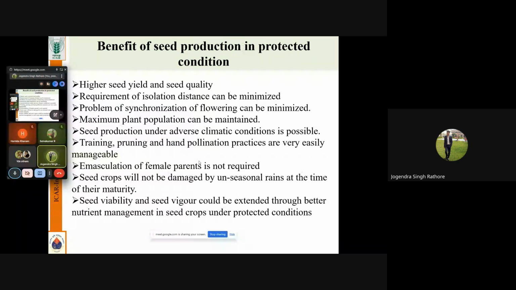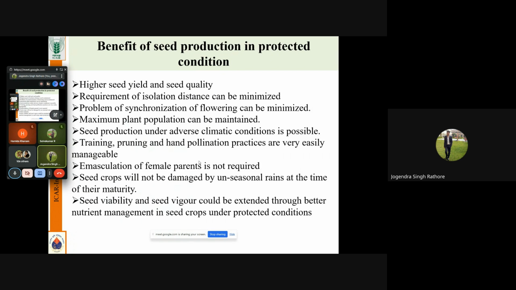Obviously, it gives you higher yield and quality, and there is no requirement of isolation distance because you cover the crop, so there is a barrier. You can solve the problem of synchronization by exploiting the microclimate, which we already discussed.